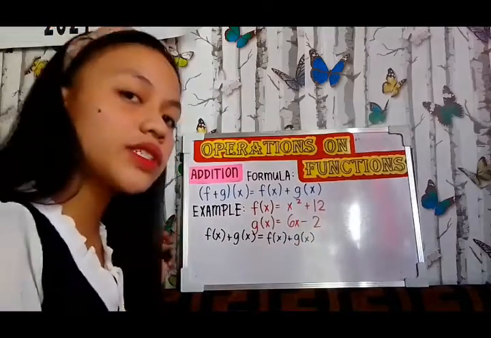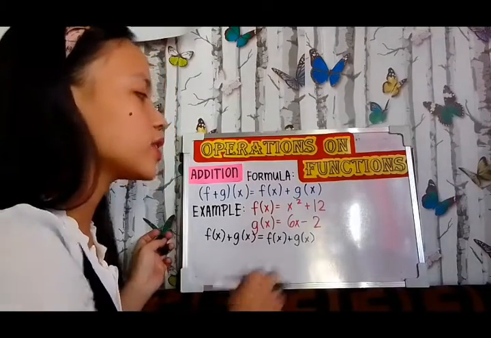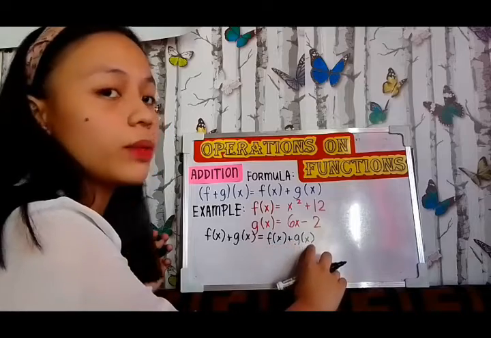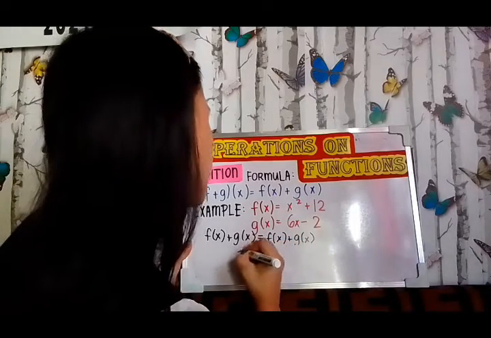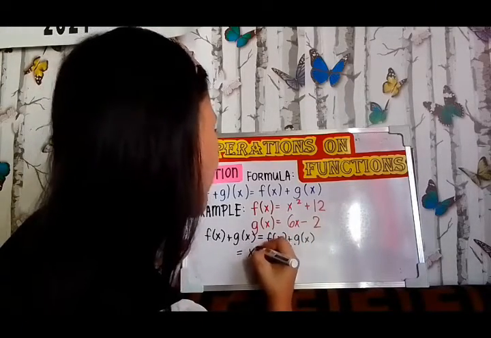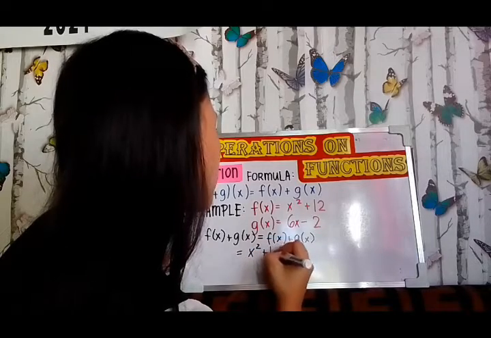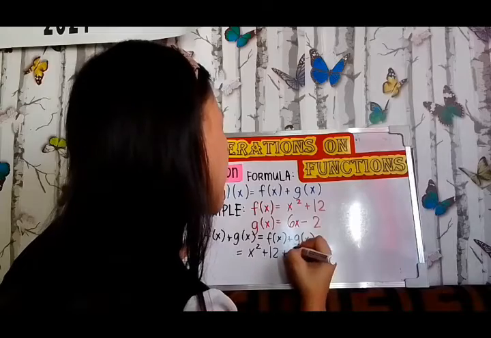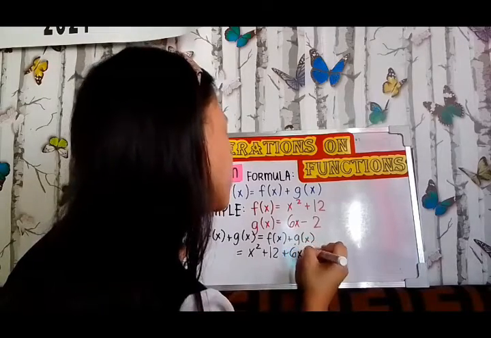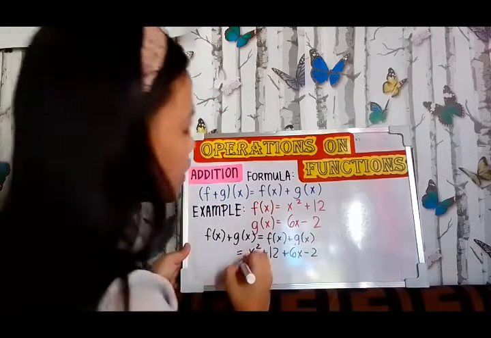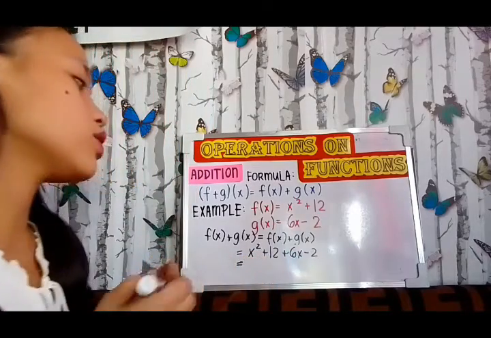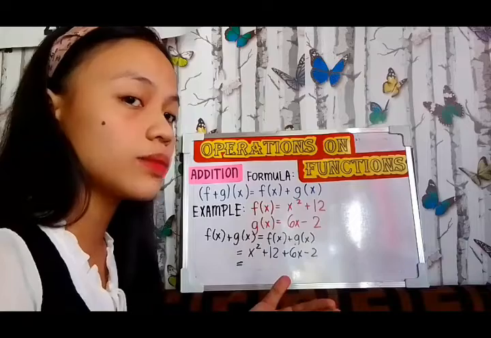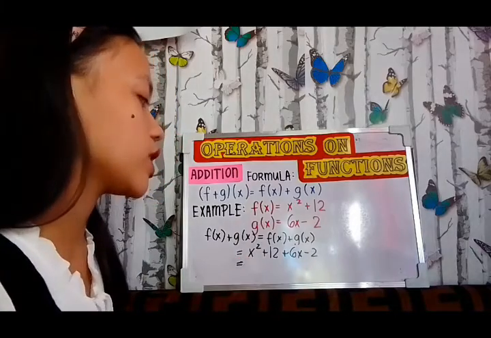The first step is to substitute the values of f(x) and g(x) into the formula. So it's going to be x squared plus 12, and then g(x) is 6x minus 2. To solve this, we find the like terms in the given expression.